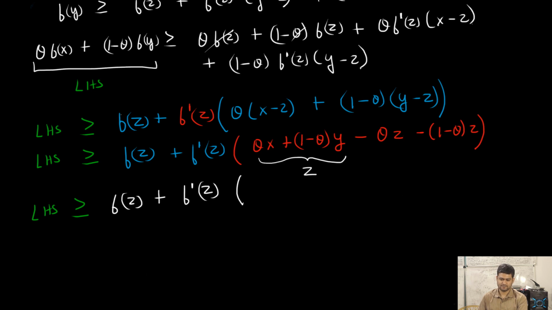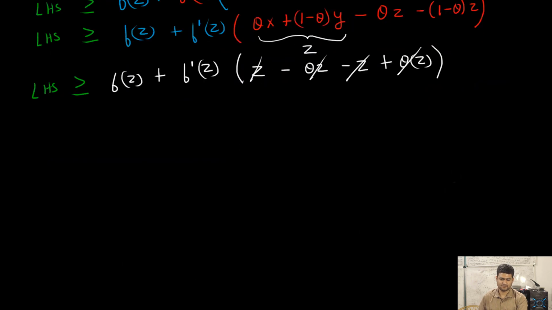So we can write it as z minus theta times z minus z plus theta times z. So this cancels out this term and this cancels out this term.